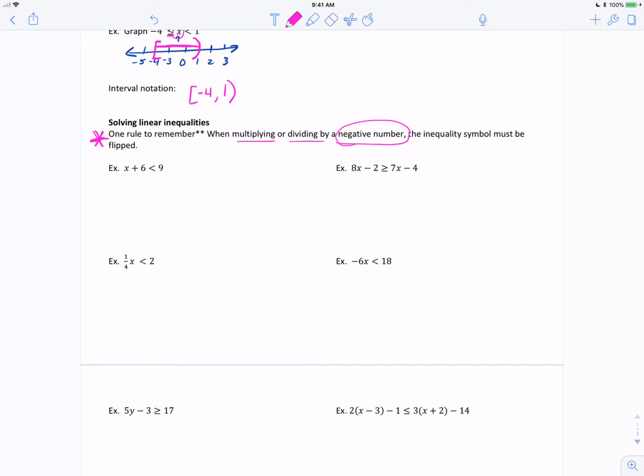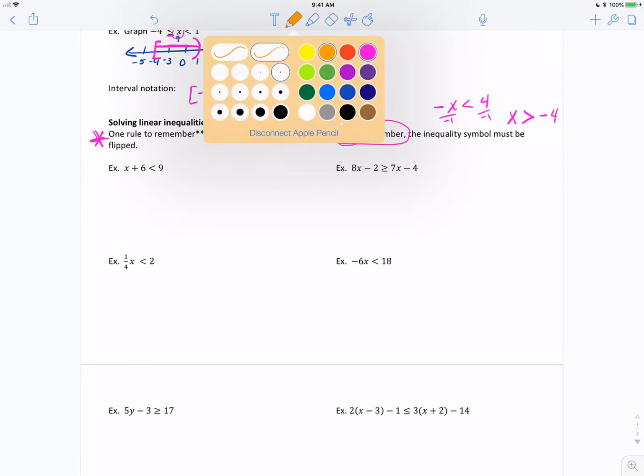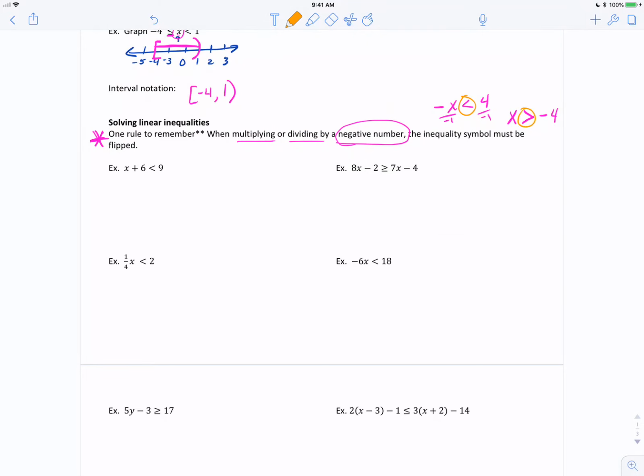So if it is something like -x is less than 4, and I've got to divide through by -1, now that's x is greater than -4. So you notice how we have to flip that sign, and that is always going to be true.